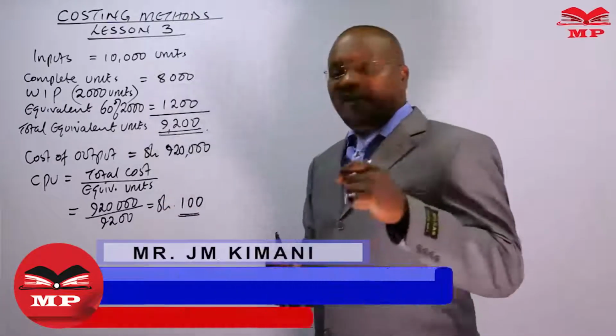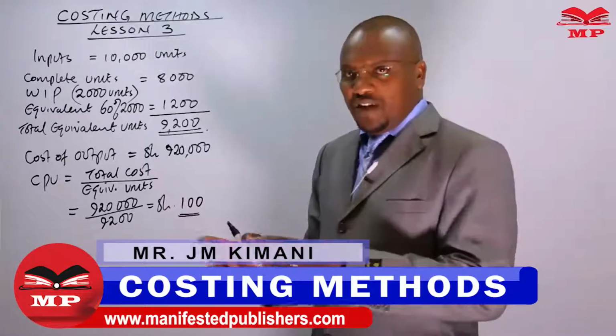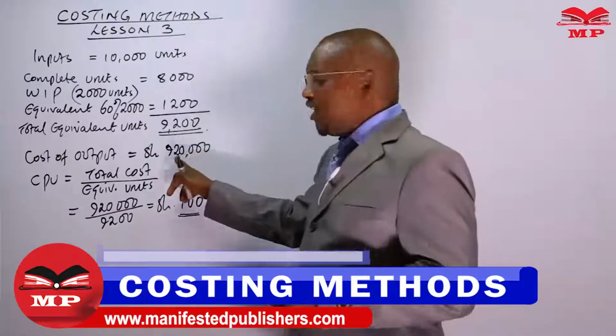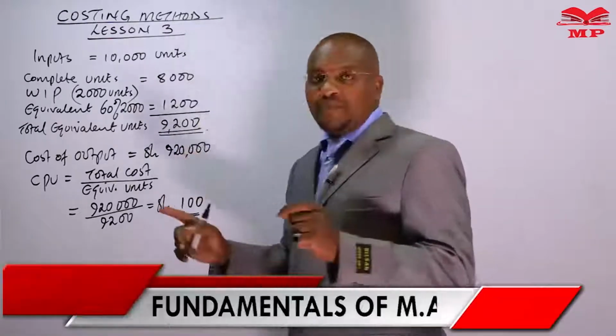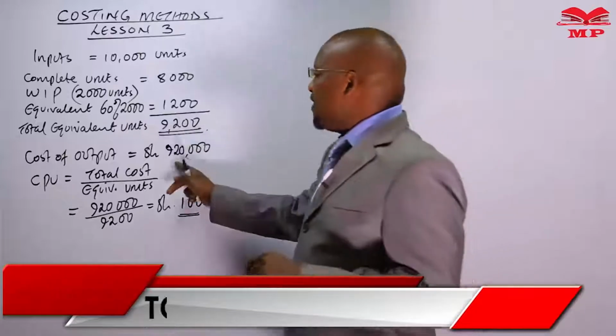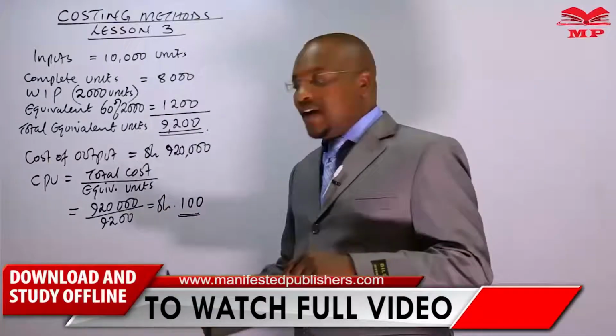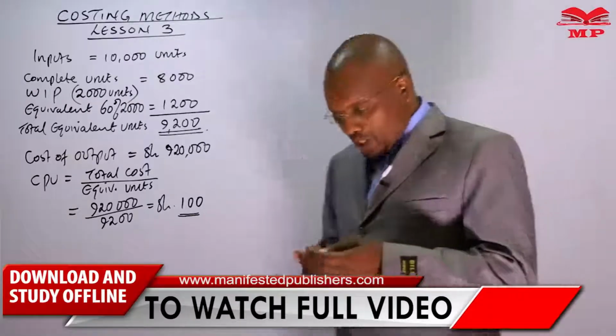Only those units that have been worked on. The part that has not been worked on has no share in the 920,000. So therefore, it's only 9,200 units that have been worked on and whose cost is 920,000. That's why we divide by the same and we get 100 shillings. That's how we do it for equivalent units.